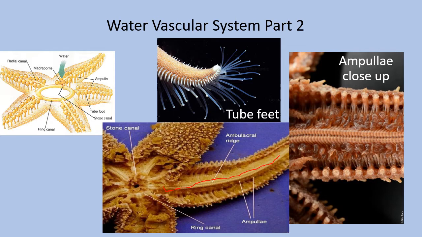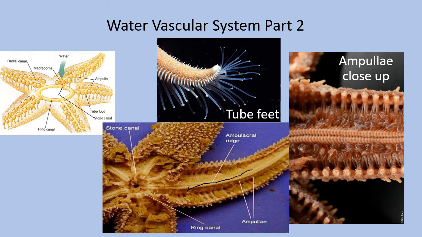That ridge is called the ambulacral ridge. And just like with the ring canal, those bone-like plates, those mineralized plates, protect the radial canal inside of there. So inside of these hard surfaces would be a softer radial canal.